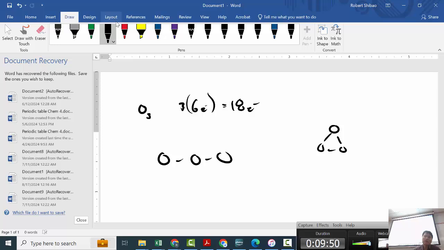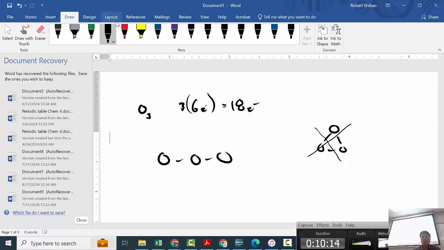This ring one is very unstable. One of the reasons this ring is very unstable is if we make a triangle like this, then what are the bond angles? The bond angles are all going to be 60 degrees, which is going to be highly stressed. And so rings like this are quite unstable. Ozone is not explosively unstable.